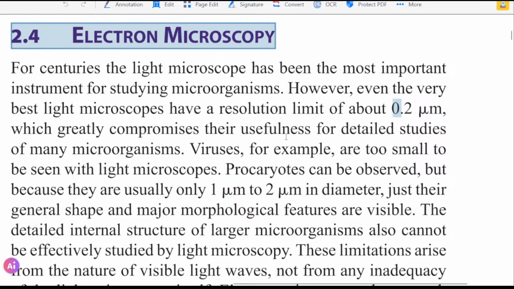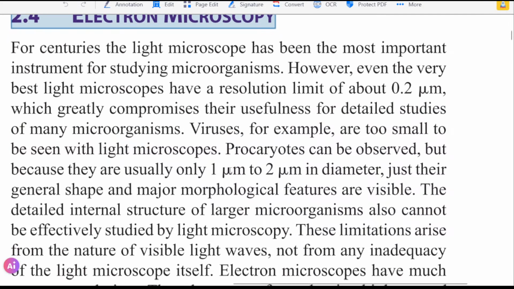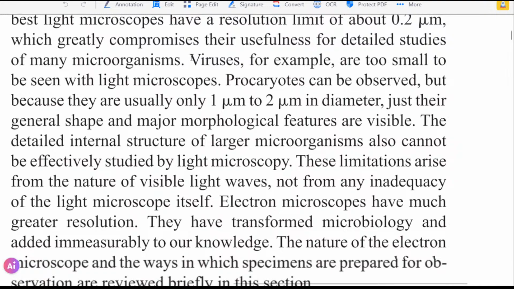But there are microorganisms that need more resolution than this, even smaller than 0.2 micrometer. At that point, the light microscope doesn't work. Viruses, for example, are too small to be seen with the light microscope.